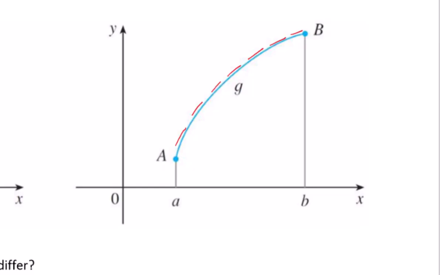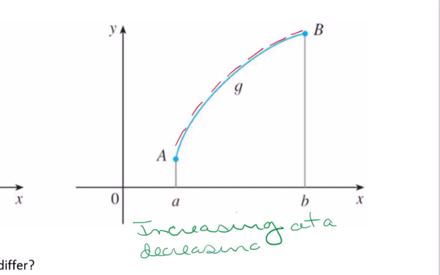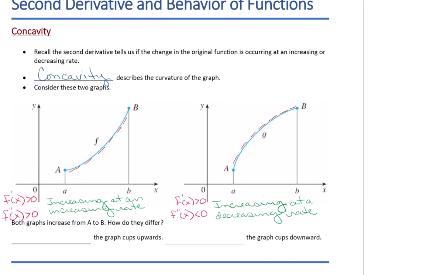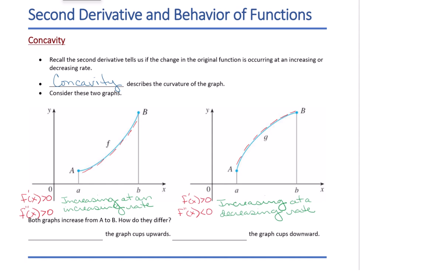This tells us function g is increasing at a decreasing rate. Again, the function is increasing, so we know that the first derivative is greater than 0. But since it's at a decreasing rate, the second derivative would have a different sign, so it would be less than 0.